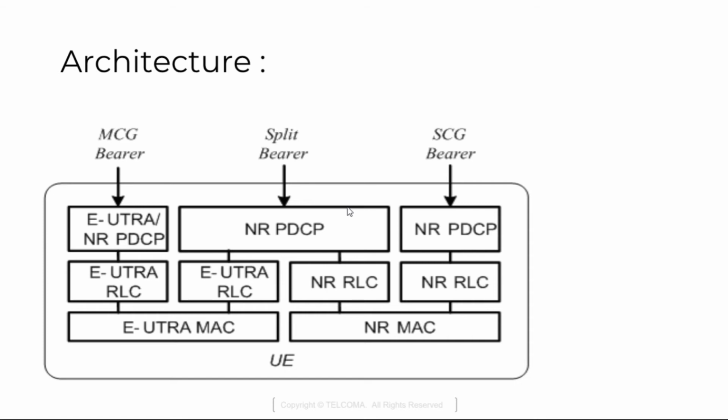SCG, like we can see, is a secondary cell bearer, and the split bearer uses both NR RLC and EUTRA. This is only dedicated to RLC. This is for RLC and EUTRA, and this is for connectivity of both.